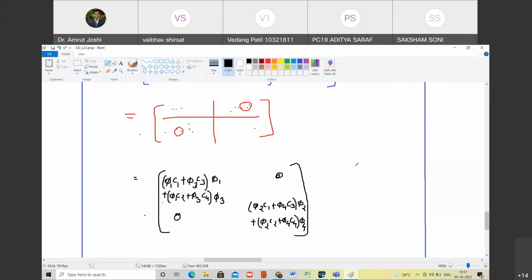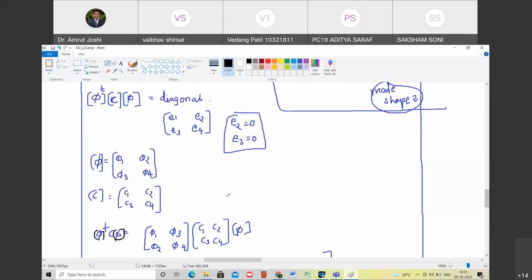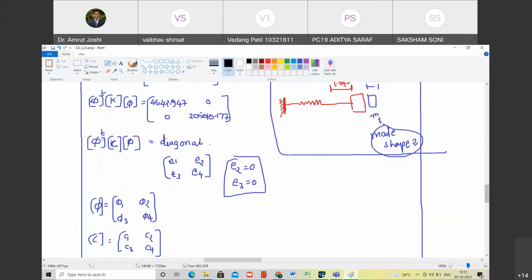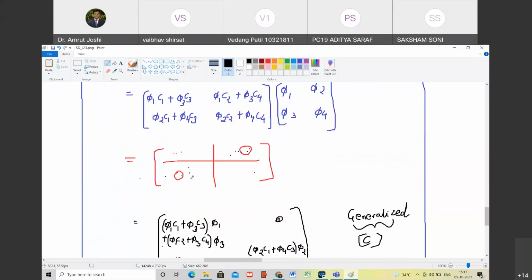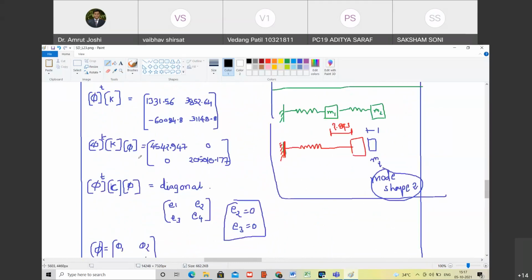So this is the C matrix in generalized coordinate system. Do you agree with me? Yes. तो जनरलाइज कोऑर्डिनेट सिस्टम में ये सी मैट्रिक्स है, जनरलाइज सी मैट्रिक्स. जनरलाइज कोऑर्डिनेट सिस्टम में के मैट्रिक्स कौन सा है? तो फाई ट्रांसपोज के फाई. So did we compute phi transpose K phi? Where is it? हाँ, this one. So this is generalized K matrix. Are you with me?